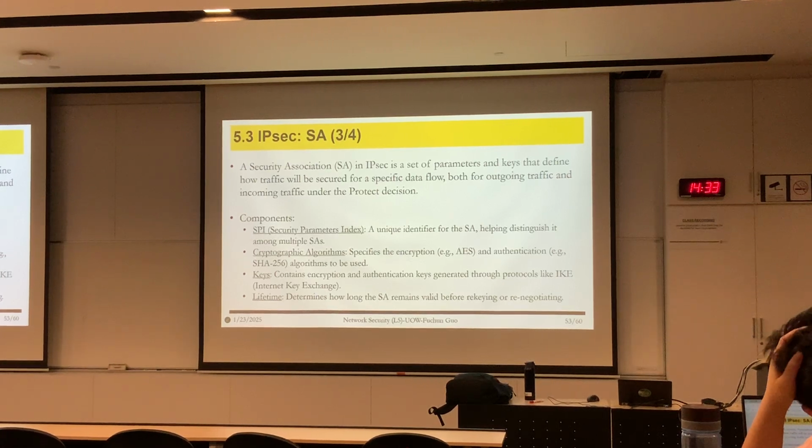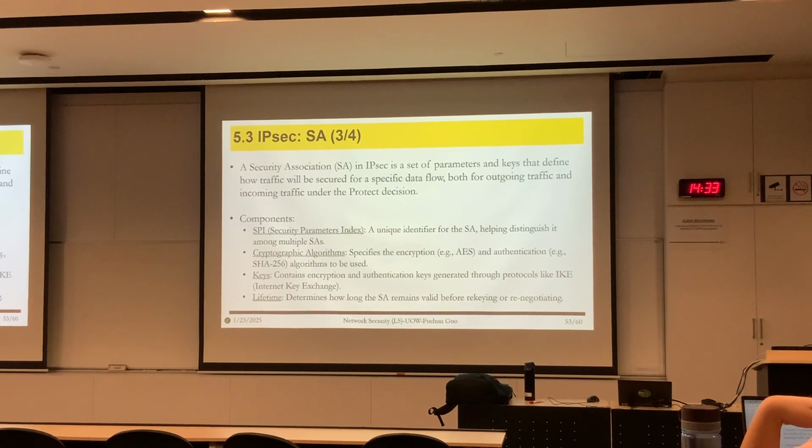This SA will also specify the cryptography algorithms for encryption and for authentication. It also contains the keys, symmetric keys for encryption and authentication. And that key is generated from another protocol called IKE.